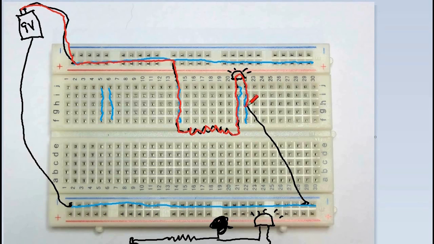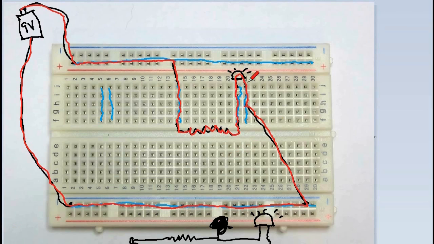So we see, even though that's connected, unless we put something in there, it's not part of our circuit. And then we come back up this way, and back up to the negative side of our battery. So there's our completed circuit. Here it is down here, here it is up here with the breadboard.